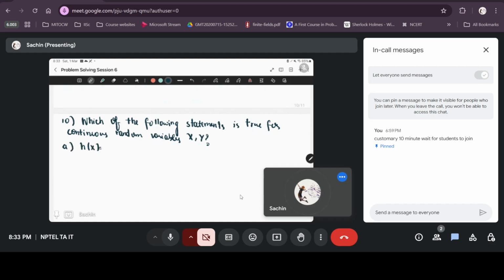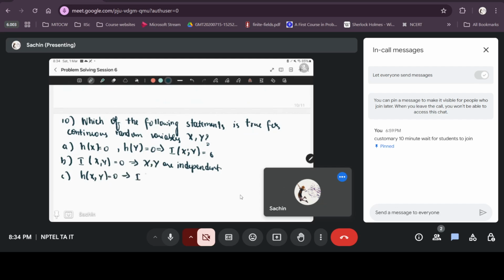Option A, h of x equals 0, h of y equals 0 implies I of xy is 0. Option B, I of xy is 0 implies x and y are independent. Option C, h of xy equals 0 implies I of xy equals 0. Option D, none of the above.